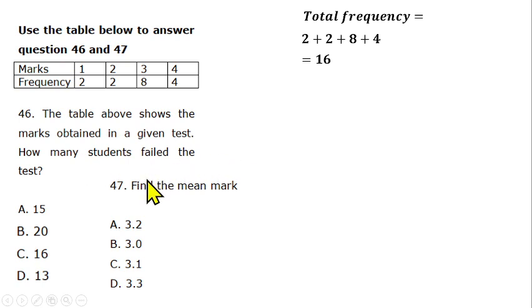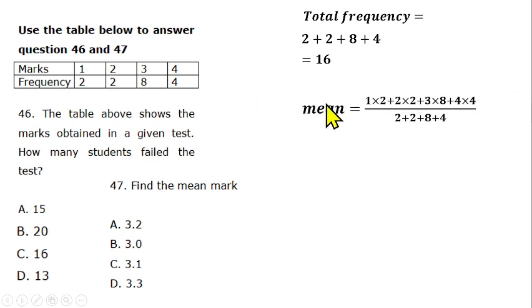And the next question, we have to find the mean mark of this distribution. So how do you find the mean? That will be 2 times 1 plus 2 times 2 plus 3 times 4 plus 4 times 4 divided by 16, which is the total frequency.